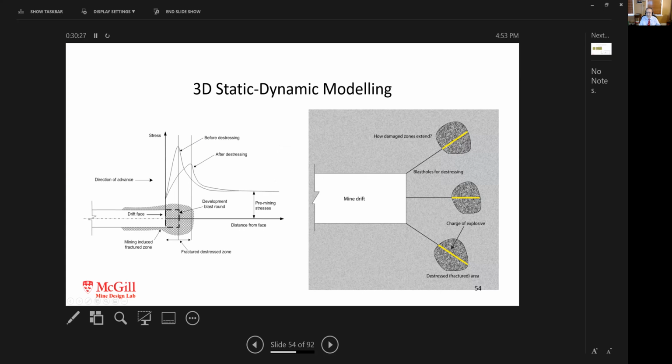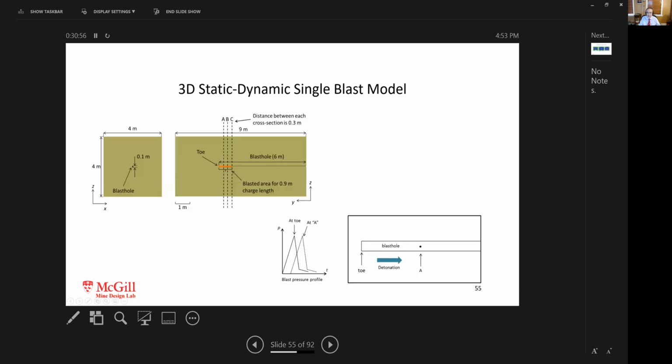And with the single blast hole model, we're going to do it first static to account for the in situ stresses and the excavation, then dynamic to account for the pressure pulse due to blasting. And based on this analysis, we're going to find the extent of damage, then go back and integrate it in a 3D model, like a fractal 3D model, and compare the face stresses as a result of the damage we obtain.